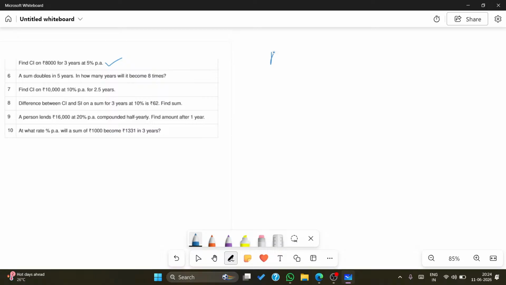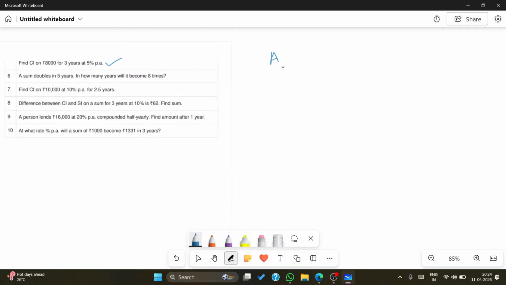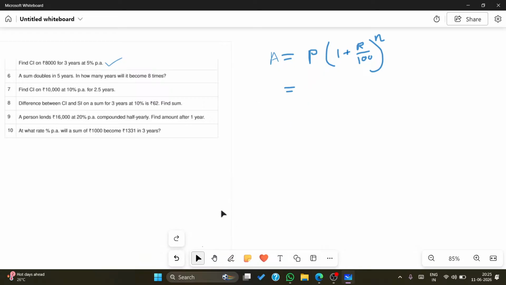So amount is equal to P into (1 plus R by 100) whole to the power n, where n is the number of years. So P is equal to 8,000.